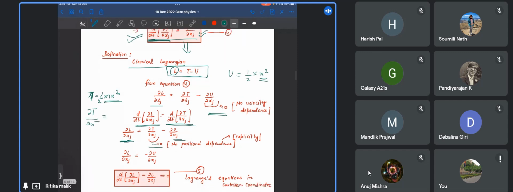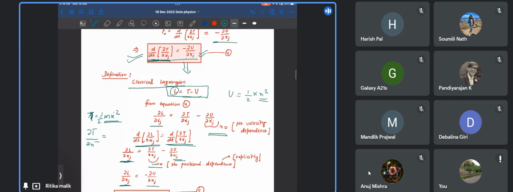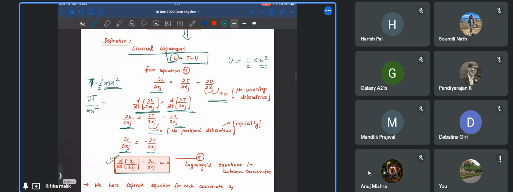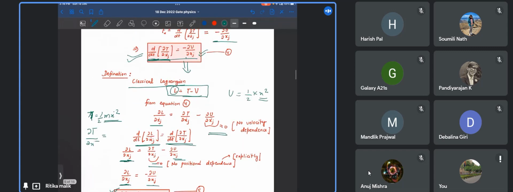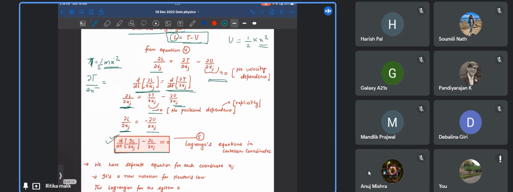That will give you del L by del xj. If you put this value in the Lagrange equation, this is the equation you are left with. So instead of writing in terms of kinetic energy and potential energy, we generally write the equation in terms of the Lagrangian, and this is the Lagrange equation of motion in the case of the Cartesian coordinate system.